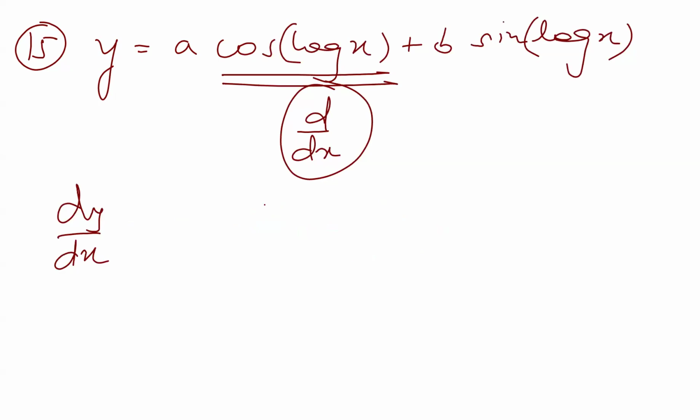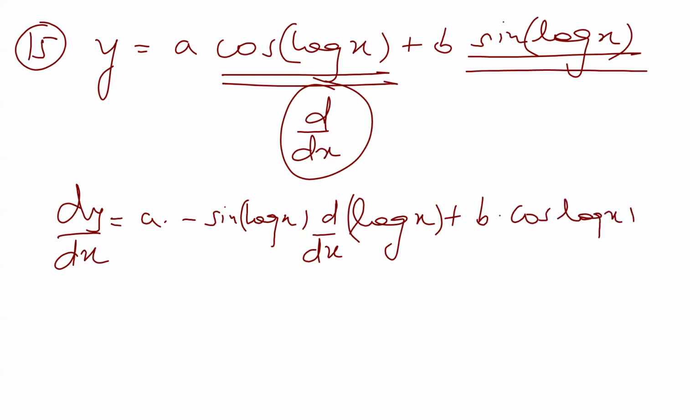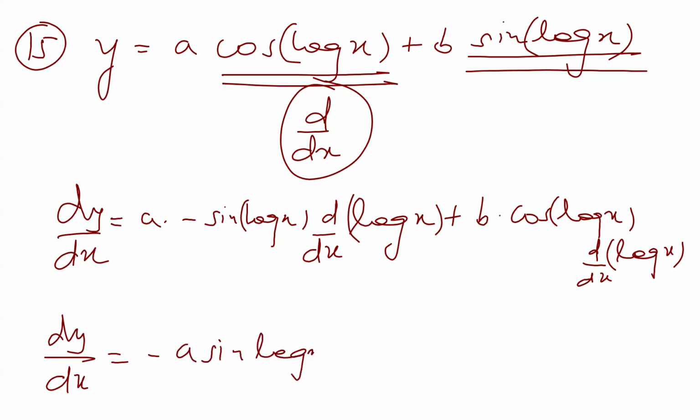Cos derivative is minus sin, so a into minus sin log x d by dx of log x, plus b into, sin log x is cos log x, d by dx of log x. So dy by dx is equal to minus a sin log x into 1 upon x plus b cos log x into 1 upon x.